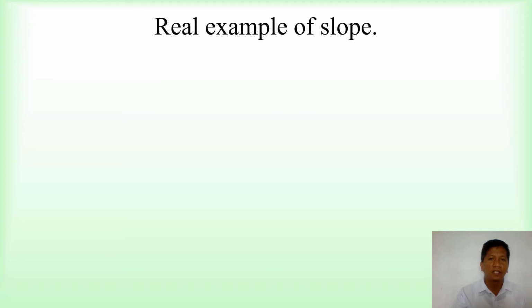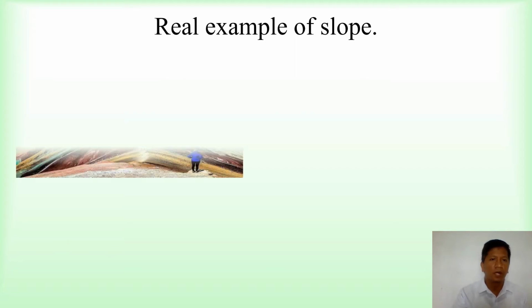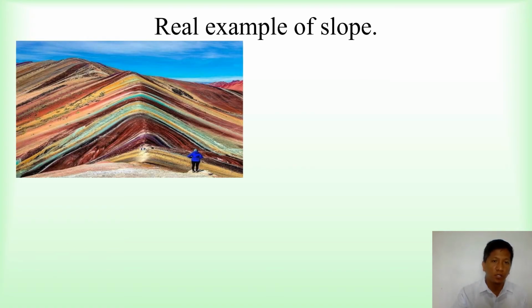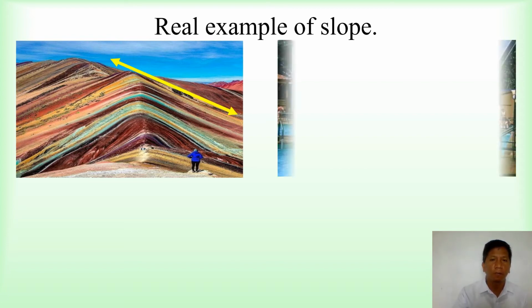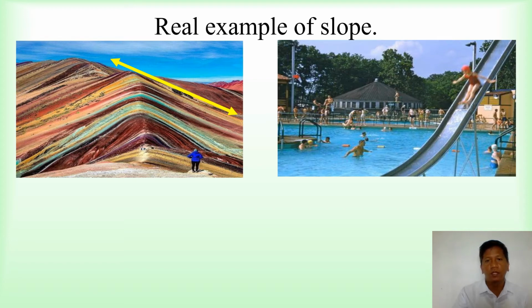Okay, another real example of slope. So I have here pictures. The first picture is the picture of a mountain. Where is the slope here? There it is. Next is my swimming pool, my slide. Where's the slope here?